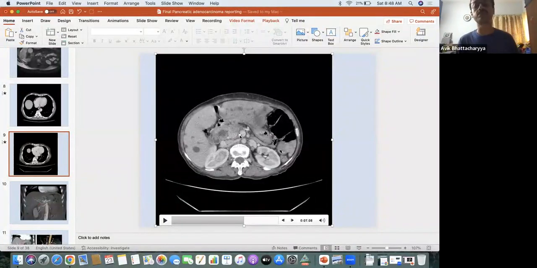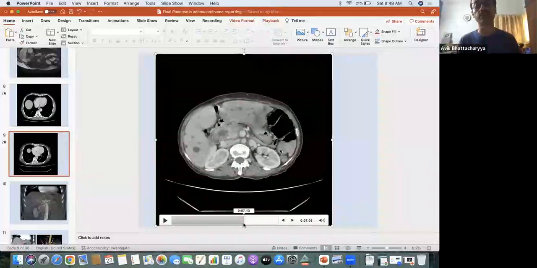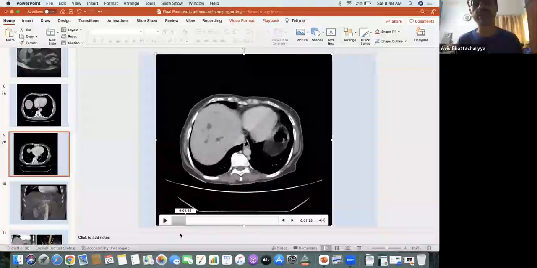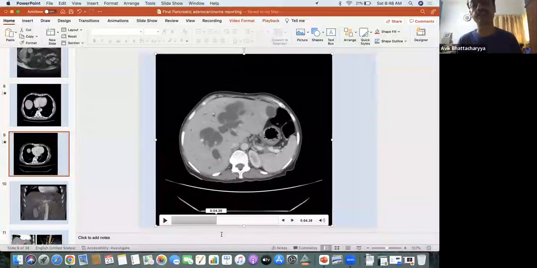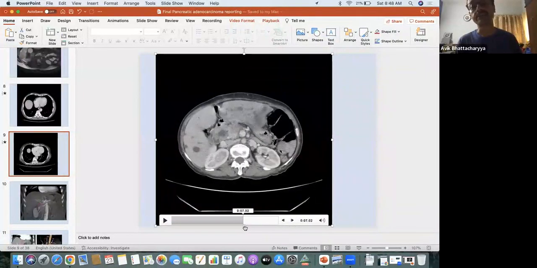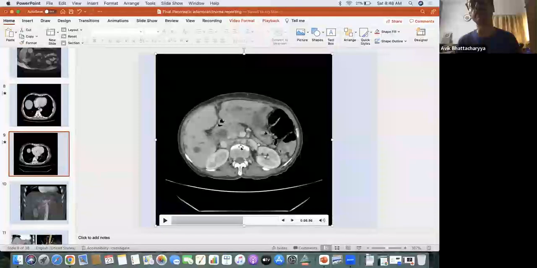Again, we need to see first, is there any focal lesion in the liver or not? No, there is no focal lesion suggestive of metastasis, because these two cysts are plain and simple cysts. Metastasis can never look like this. So these are simple hepatic cysts. Intrahepatic biliary radicals are dilated, and there is a mass. The mass is abutting the superior mesenteric vein around 180 degrees, so probably it is encasing, but there is no contour deformity and no intraluminal thrombus, and it is a short segment.